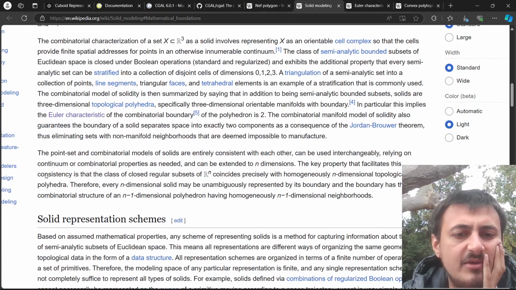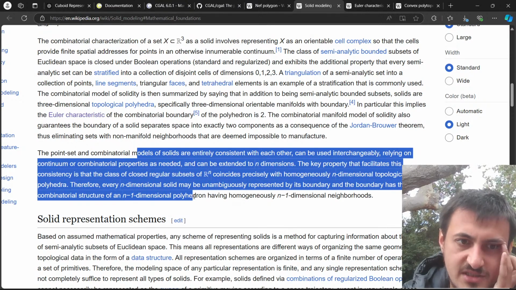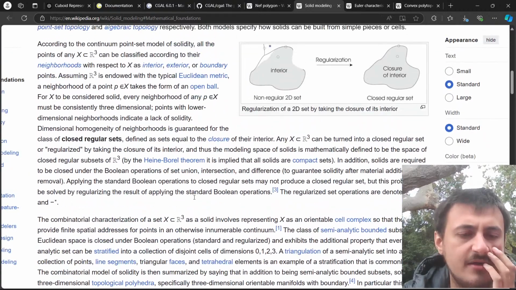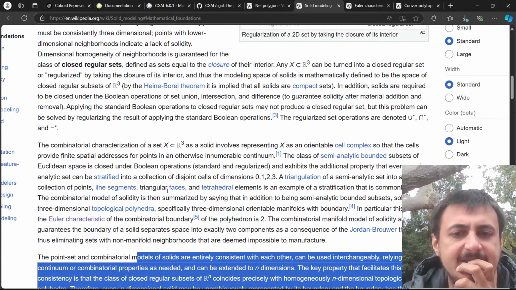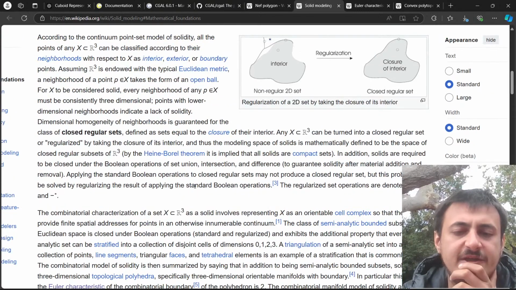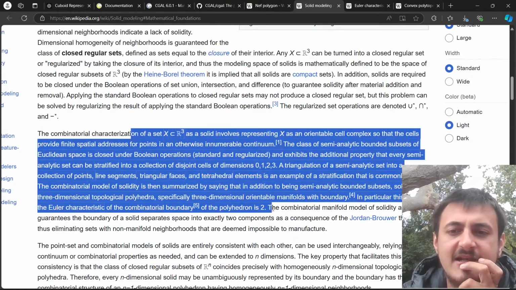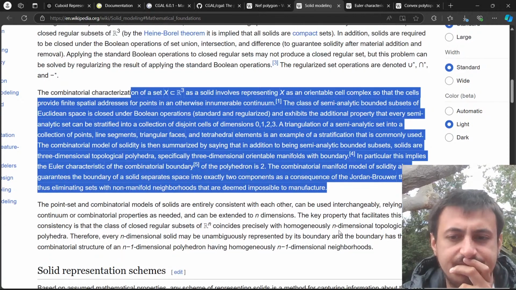The point set and combinatorial models of solids are entirely consistent with each other and can be used interchangeably. Oh, okay. So these are two different things. Right, so either you could represent it as this closed regular set, or you can represent it as a cell complex, I guess.